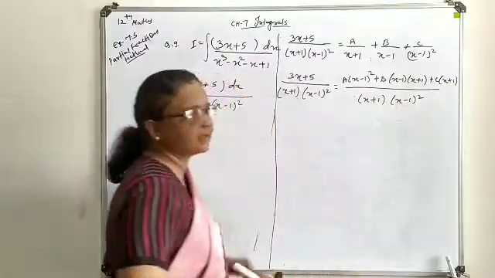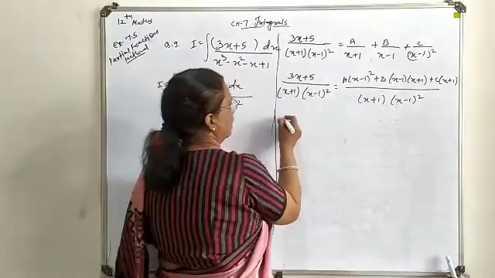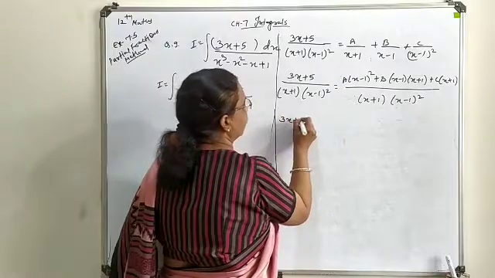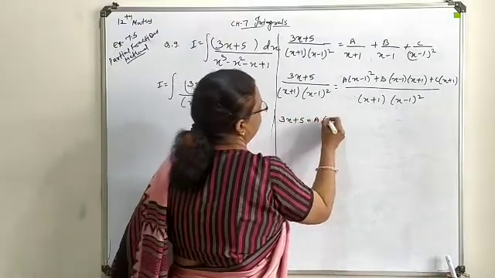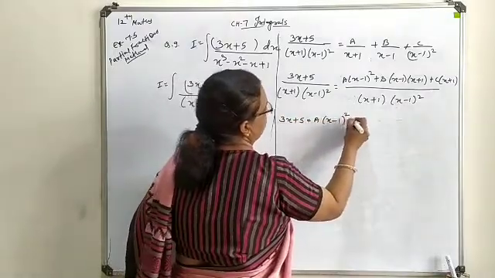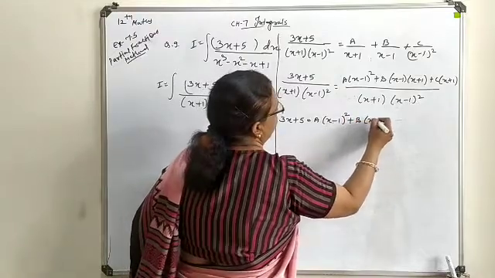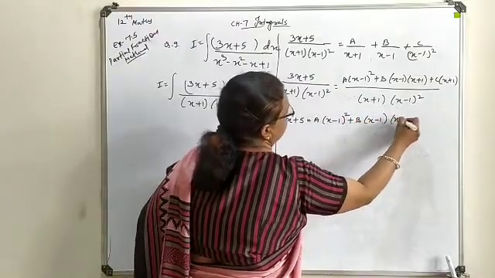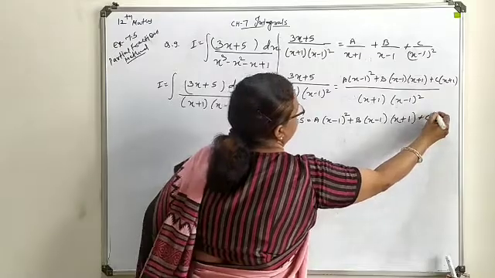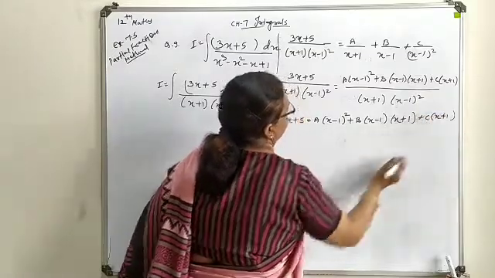Now go for comparison of the numerator only. So this is your 3x plus 5 equals A into x minus 1 whole square plus B into x minus 1 into x plus 1, and the last one is C into x plus 1.